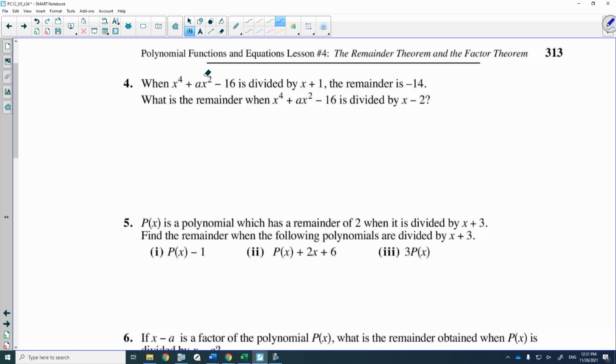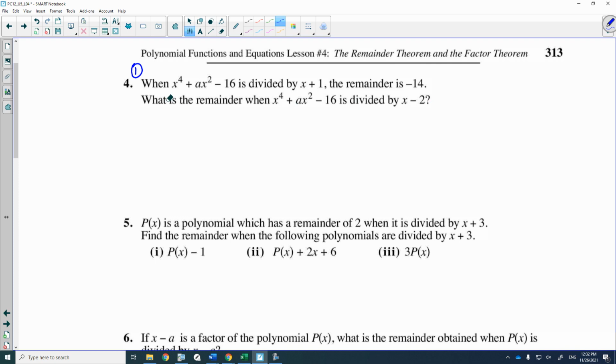So it says, when this polynomial is divided by this binomial, the remainder is negative 14. So that is the first question that it's asking. And then it says, what is the remainder when the same polynomial is divided by x minus 2? So that's the second part of the question.